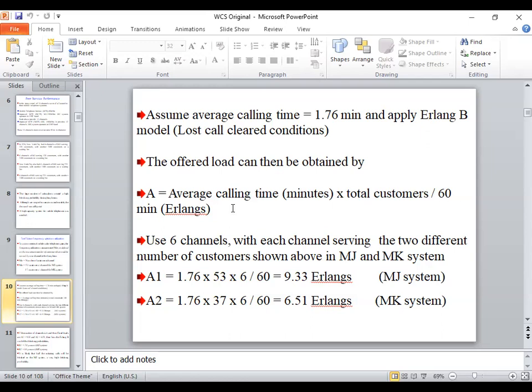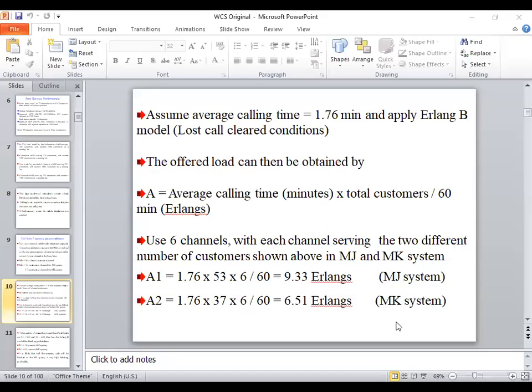If I calculate this for the MJ system and MK system, two different systems, A1 is equal to 1.76 into 53 into 6 by 60.